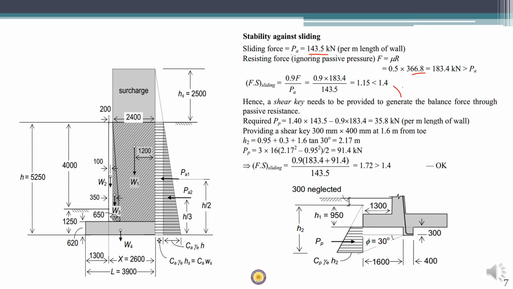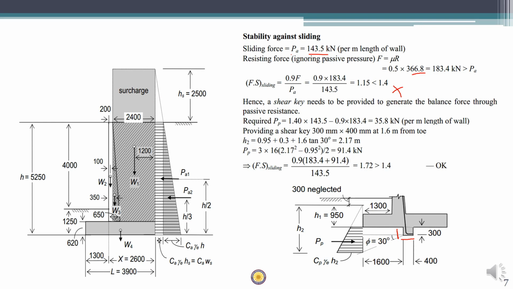So in this case, we are going to provide a shear key. The nominal shear key dimension is 300 millimeter in depth and 400 millimeter in width. It is usually provided below the stem so that the reinforcement from the stem can continue all the way into the shear key. So we choose a distance of 1.6 meters by geometry only.